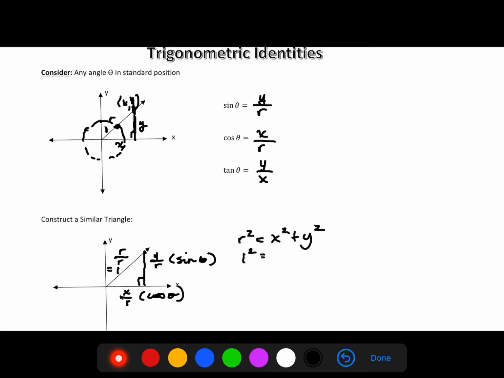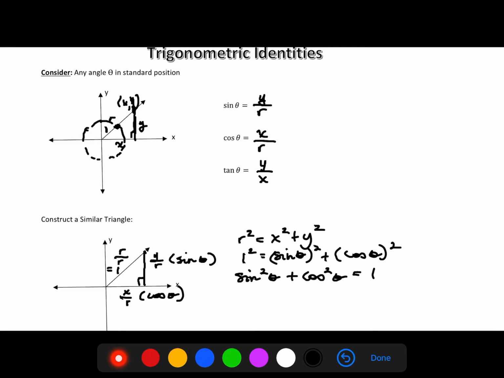We'll notice then that from our r squared equals x squared plus y squared, subbing in what we have here, 1 squared equals x squared, which is now our cos theta, and y squared, which is now our sine theta.